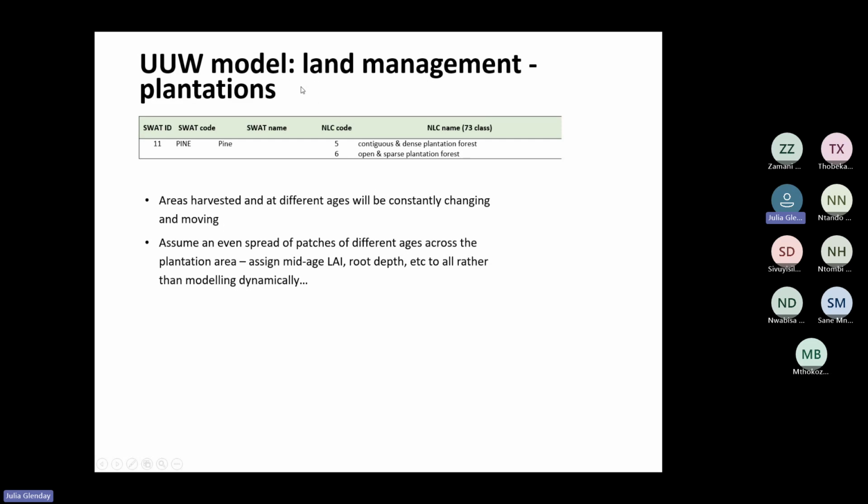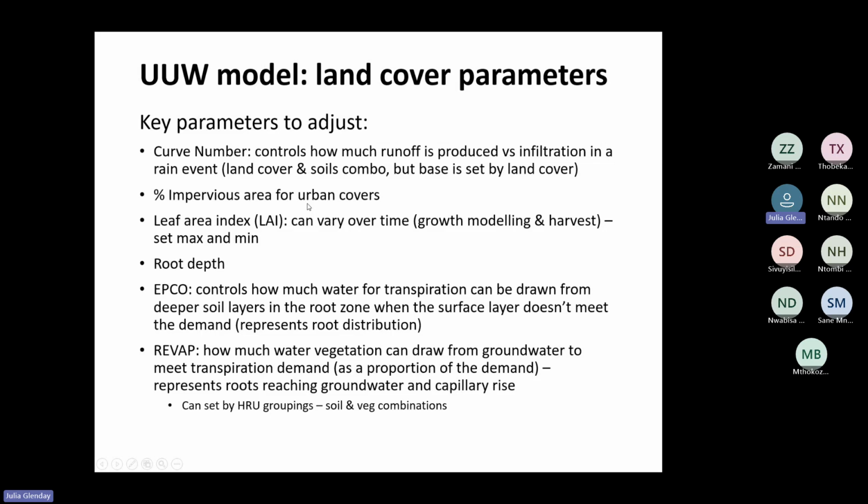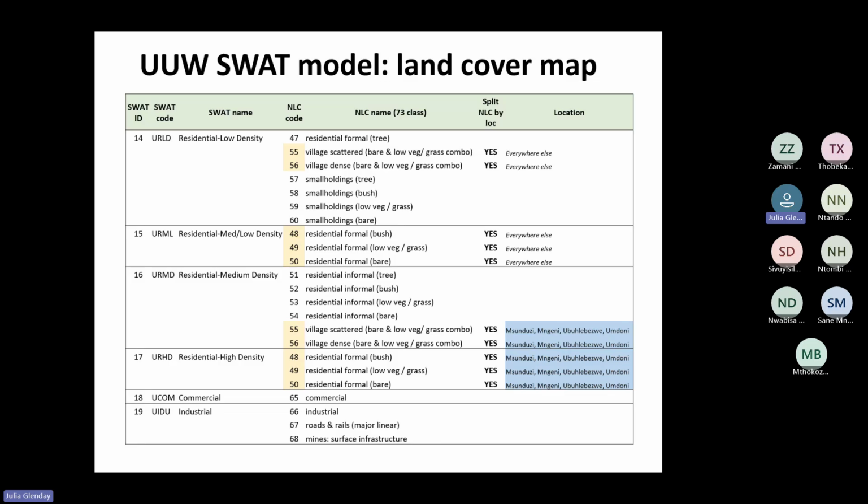So I will now talk through what I would assume for the plantations and the agricultural types. But before I do that, was what I showed about the residential classes that I'm including in the model clear to people? Does anybody have any questions about how that's been mapped and input? Because that is something that you can consider how to change or improve going forward to better represent what you want to explore with the model.